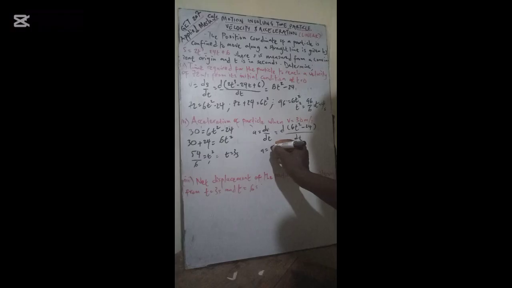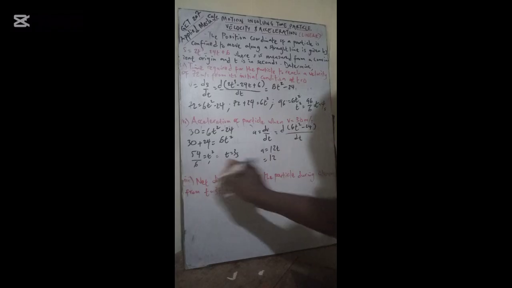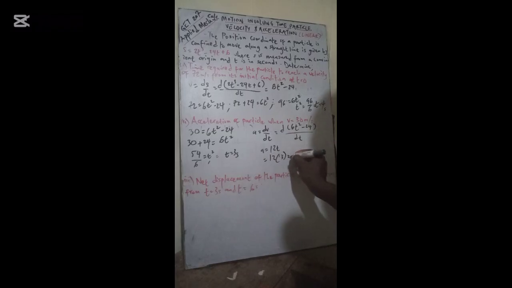You have a is equal to 6 times 2, that's 12t. Then you differentiate this constant, that will give you 0. So since you already have our t here, this is 12 into bracket 3, and it will give us 36 meters per second squared. I don't know why I'm saying millimeter, pardon me. So it's meters per second squared. So that's our acceleration in this case.